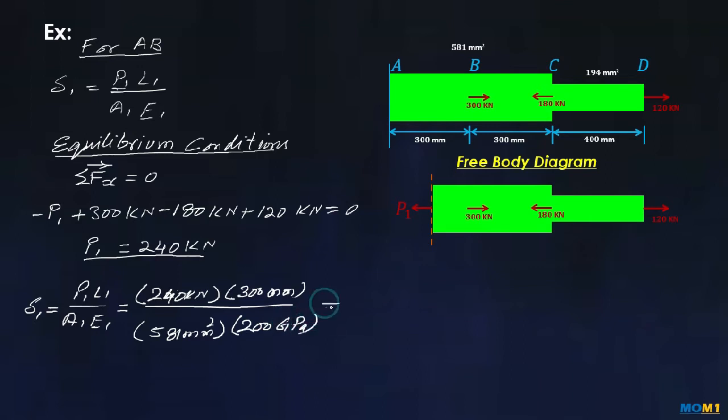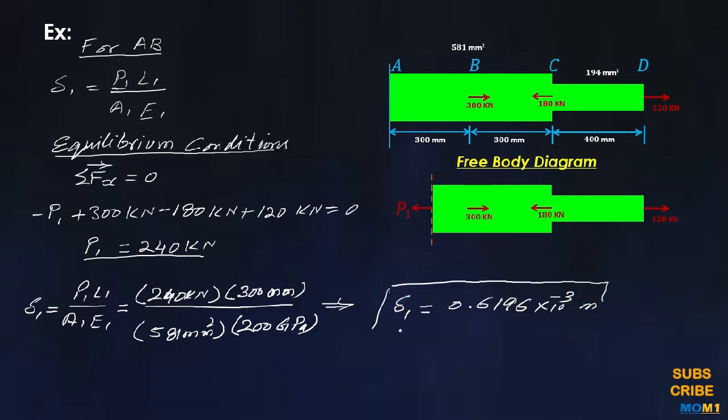So after solving this, the deformation in section 1 is going to be 0.6196 into 10 raised to the power minus 3 meters. So this is the deformation that is going to occur in section 1.